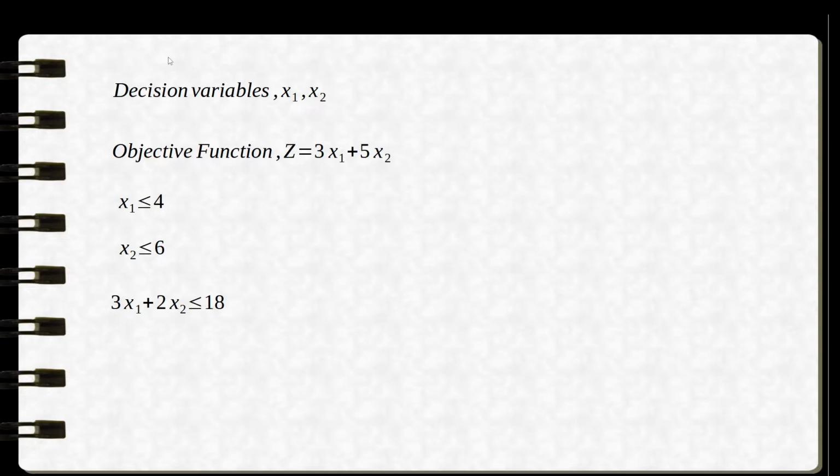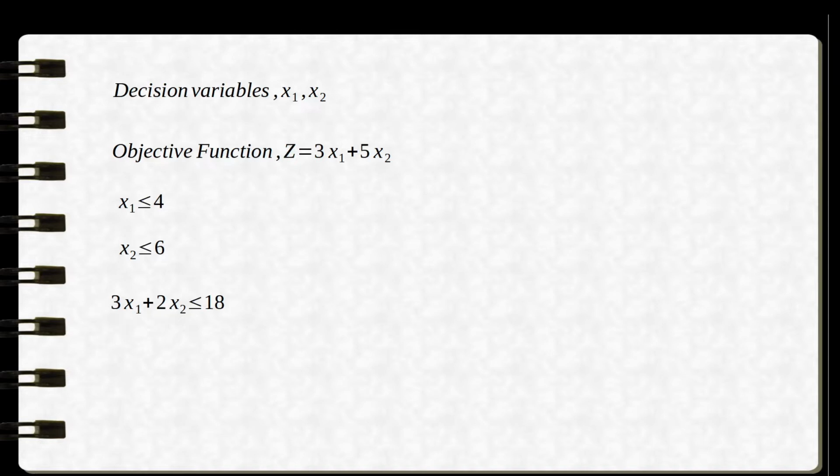Now, how do we express this problem mathematically? For this, we introduce two decision variables. Well, they are nothing but two algebraic variables, where x1 is the batch of aluminum frame windows produced and x2 is the batch of wooden frame windows produced. The objective function here is z equals 3x1 plus 5x2.